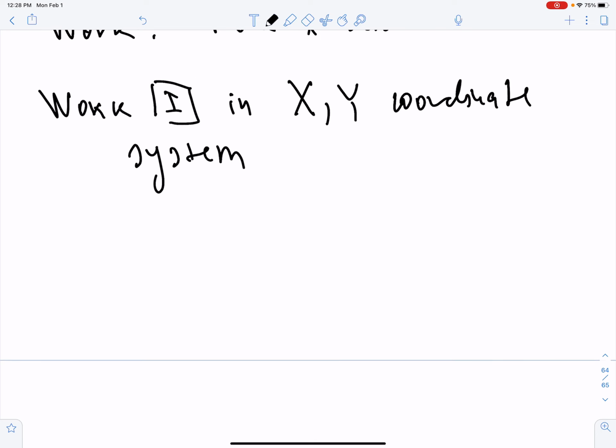What you're going to find is W, call it work, equals force 1 that's developed in the node times displacement 1 that the node undergoes.